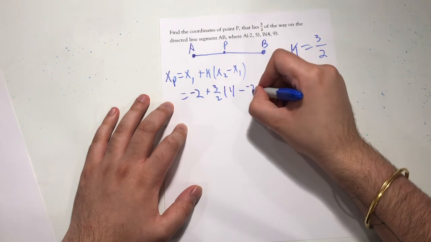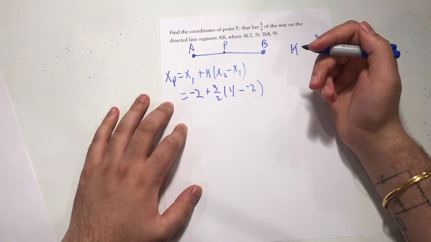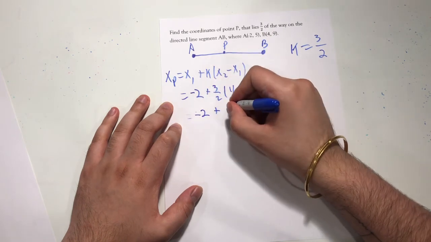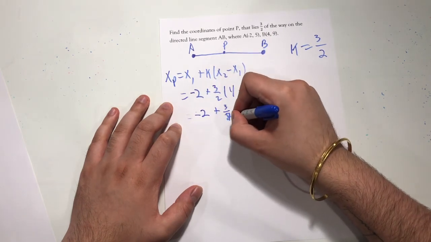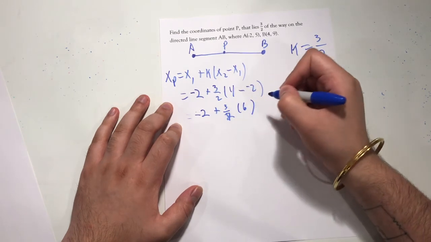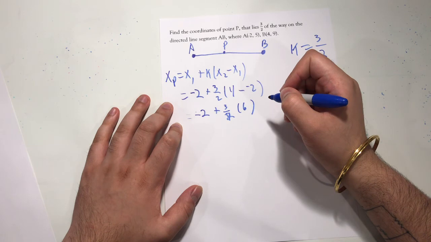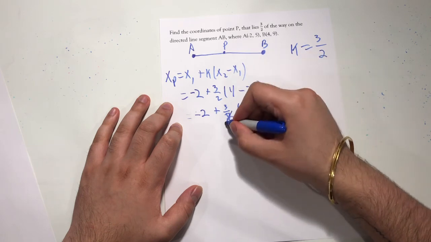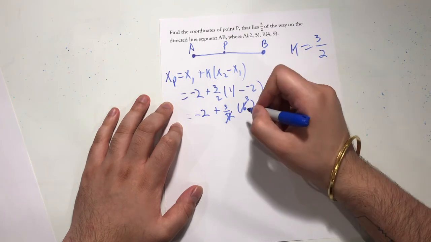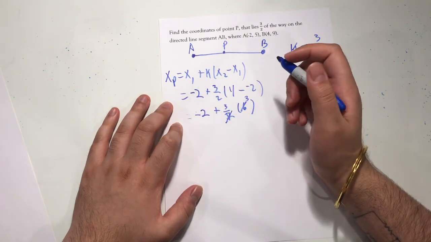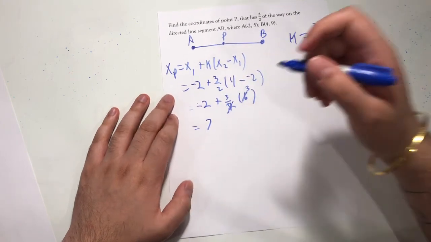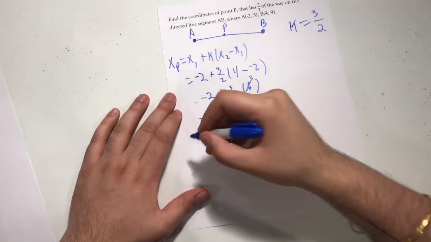And then minus negative 2. Simplifying all this down, negative 2 plus 3 over 2 times 6, and that gets us 3 times 3, 9, right? And then 9 plus negative 2 gets us positive 7 as our final x coordinate.